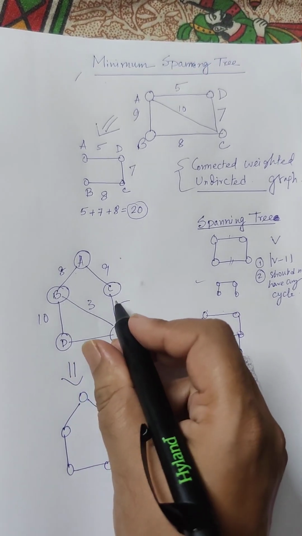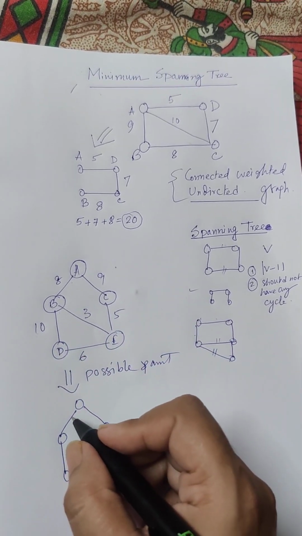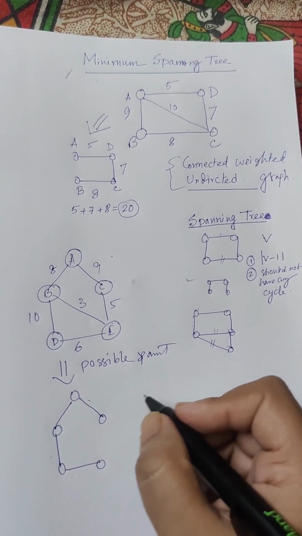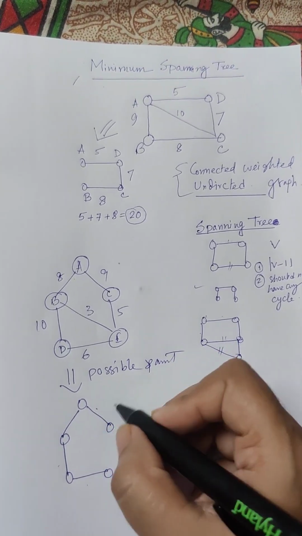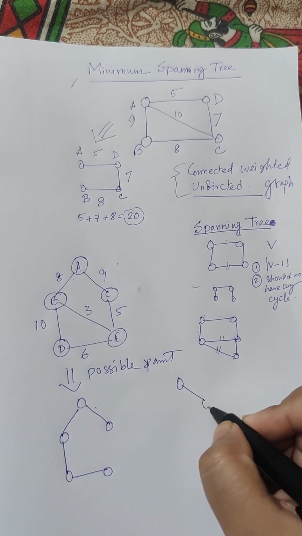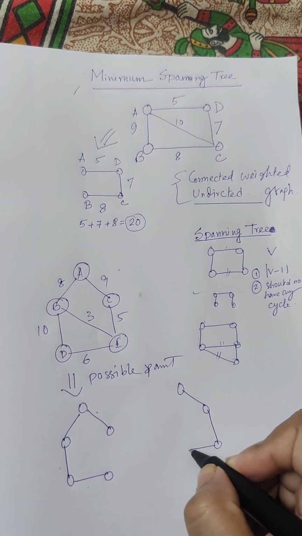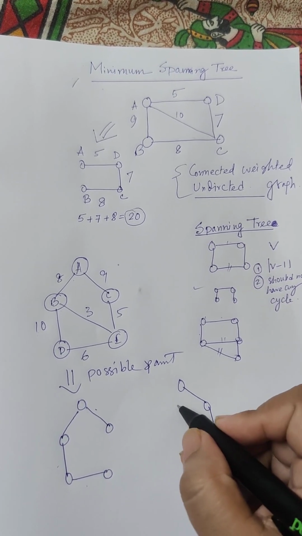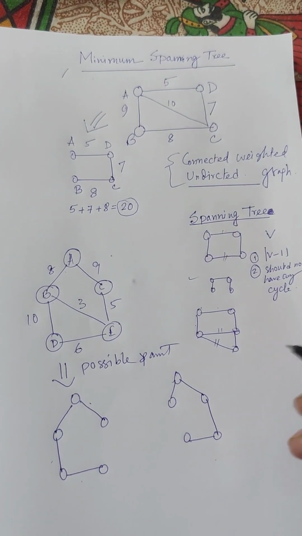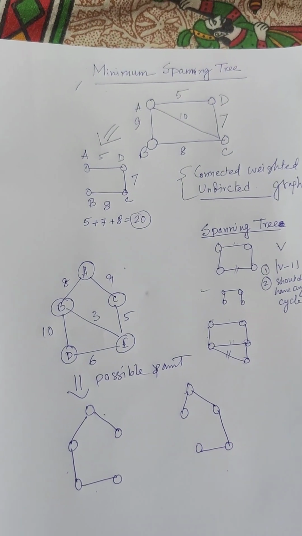You just drop this one, and 1, 2, 3, 4, you get 5 altogether. So this is a spanning tree. Similarly you can drop this one. So there are a lot of options. You can have something like this, 1, 2, 3, 4, and this is also a spanning tree.